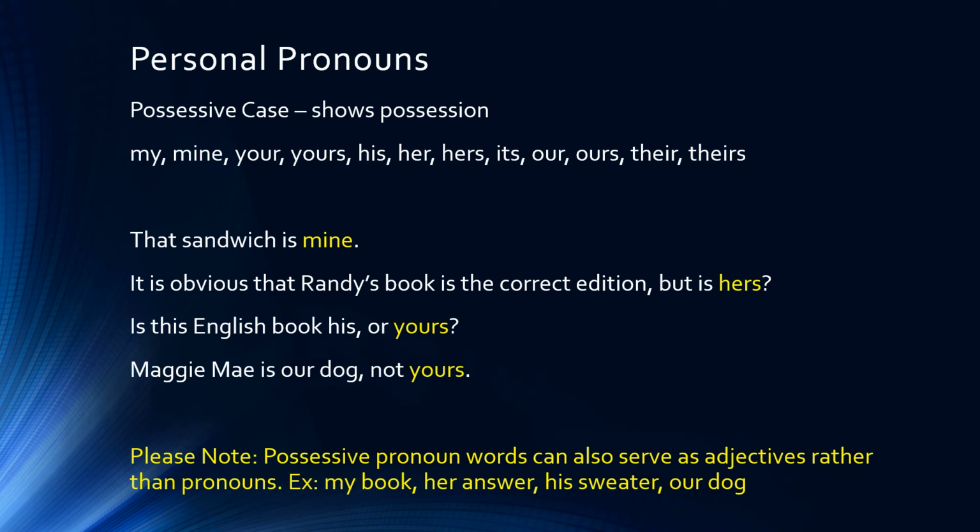My book, an adjective identifying whose book it is. Her answer, an adjective defining whose answer it is. His sweater, our dog. So remember that pronoun words can also serve as adjectives rather than pronouns in a sentence.